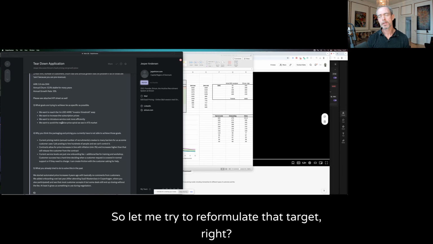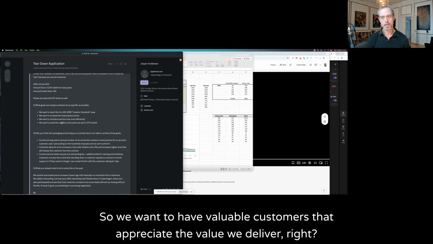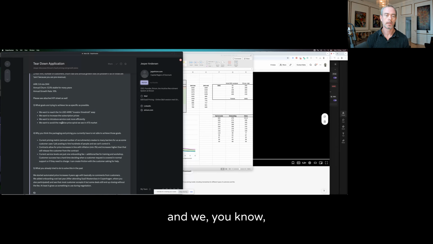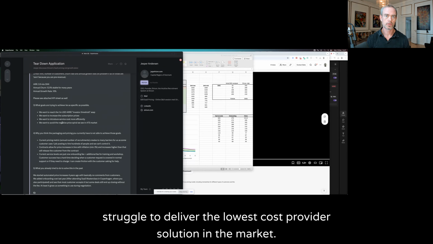So let me try to reformulate that target, right? So we want to have valuable customers that appreciate the value we deliver, which means that we don't want discount customers that just want it cheaper, and we struggle to deliver the lowest cost provider solution in the market.